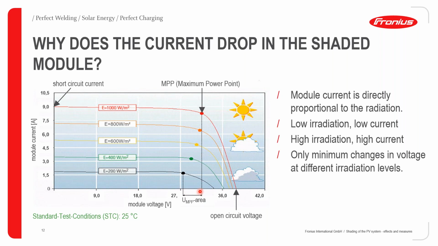That's just 4 volts, which is very minimal on the voltage side. So we can see that irradiation is proportional to the current flow. That is why it's very important to avoid shading as much as possible so that the maximum amount of power can be harnessed from the module.